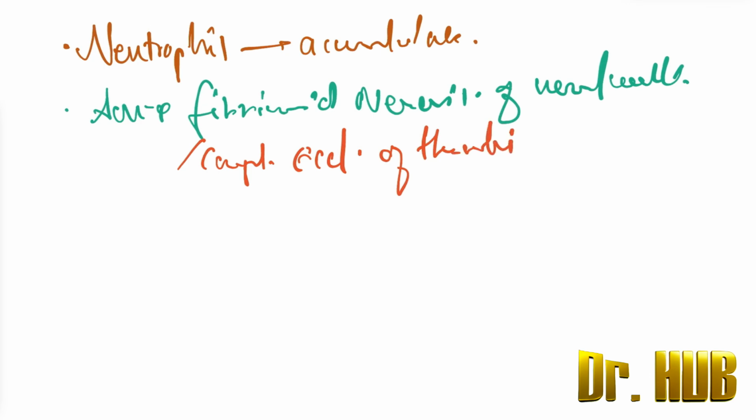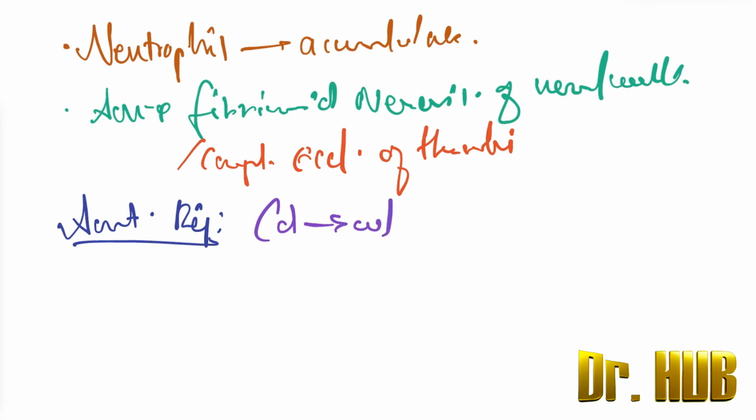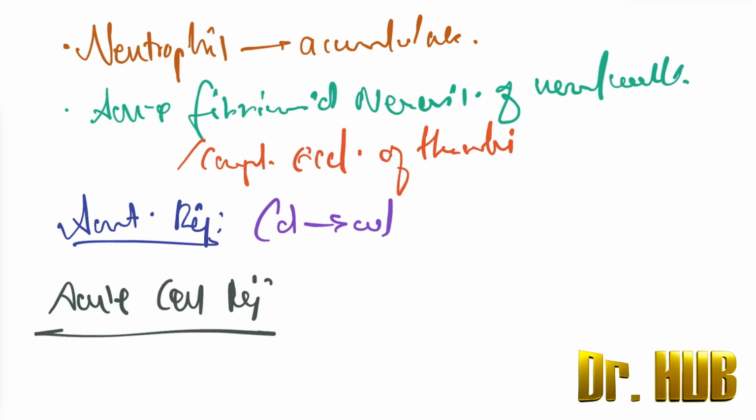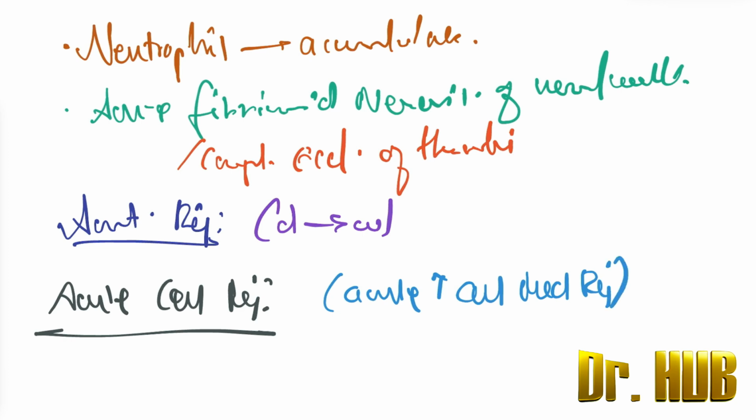Next we look at the acute rejection. Under acute rejection, this is from days to weeks. First, the acute cellular rejection, which involves acute T cell mediated rejection. What is the mechanism of action? The mechanism is CD8 plus CTLs.